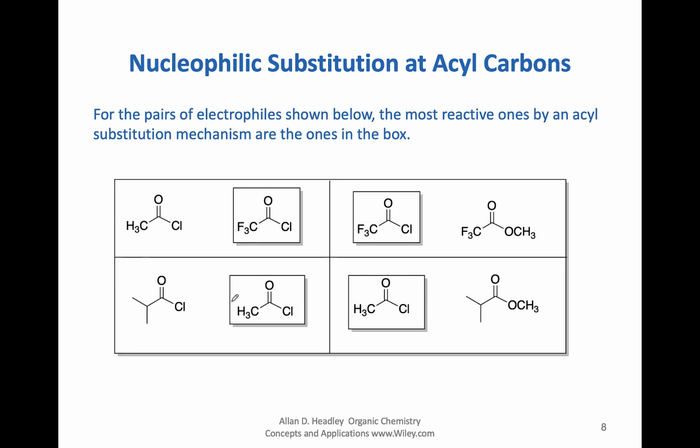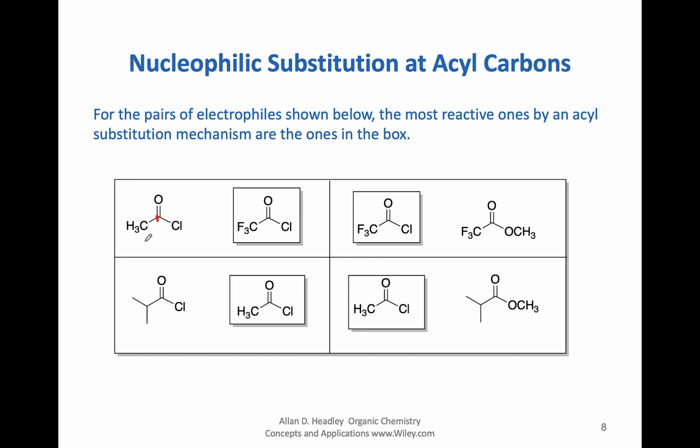Let's see if we can apply that. Of course, as you know, my approach here for teaching chemistry is to make sure you understand concepts, and equally important is to make sure that you can apply those concepts to solving problems. So here's a potential problem. We have here pairs of acyl compounds. They're acyl because they have the carbonyl group here.